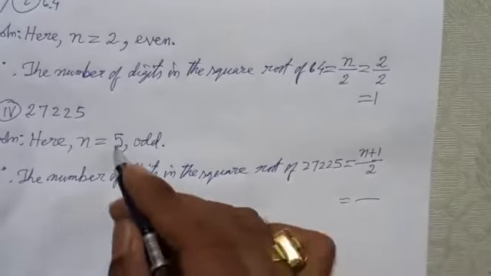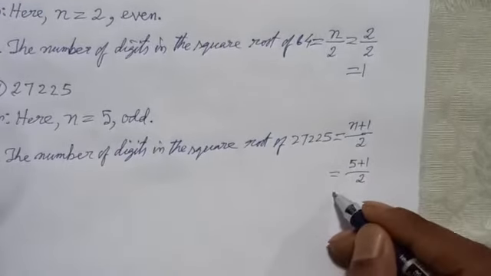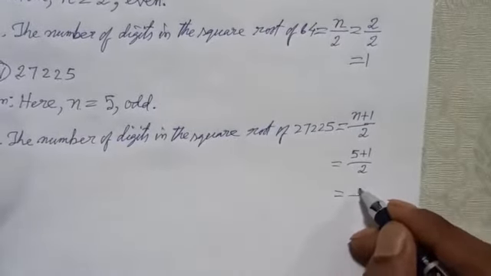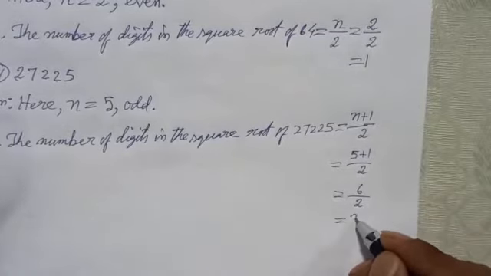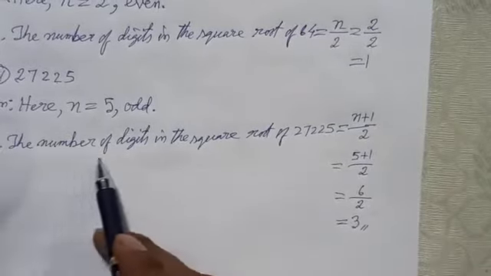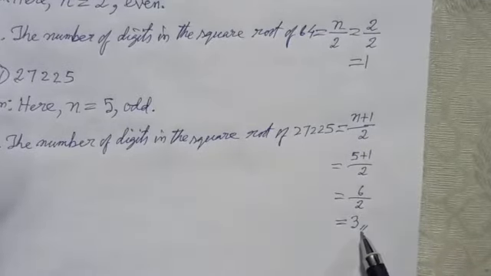Here n is 5, so 5 plus 1 by 2. 5 plus 1 is 6. 6 divided by 2, we are getting 3. So 3 is the answer. The number of digits in the square root of 27225 will be 3 digits. And here this question is over. I hope that you can understand that.